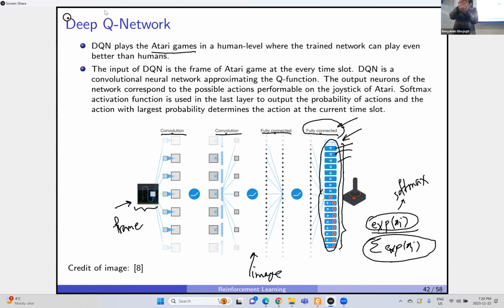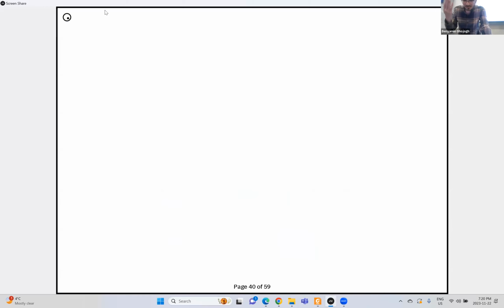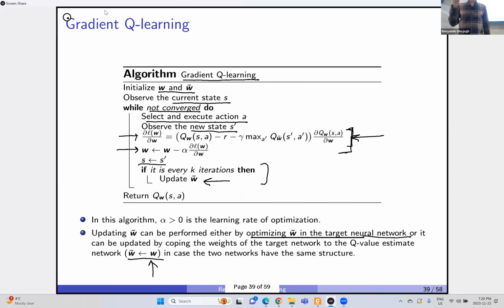Now this action might be awful. This predicted action might be awful, might lose the game. What happens if that happens? The loss will be large. If I choose a very bad action for that specific state frame, this loss will be very large.